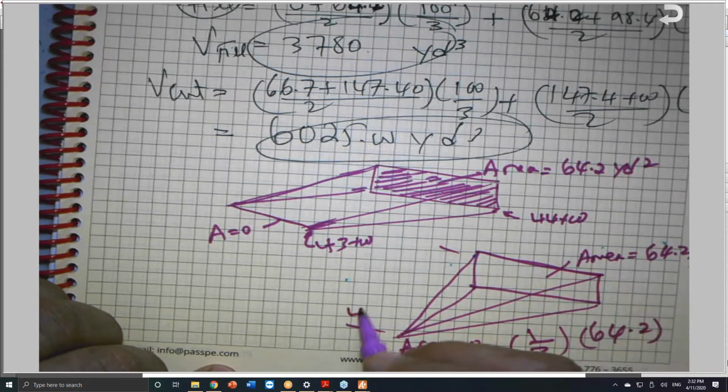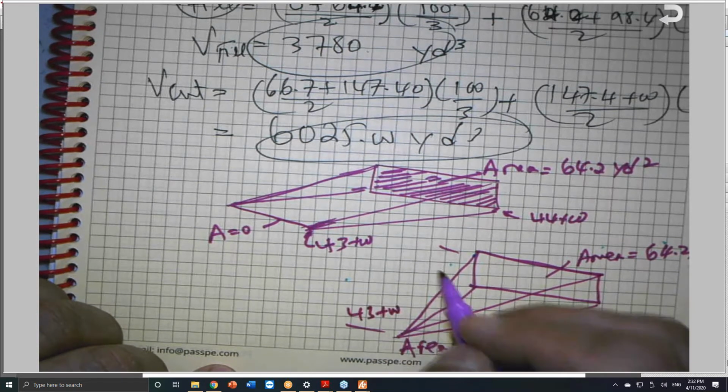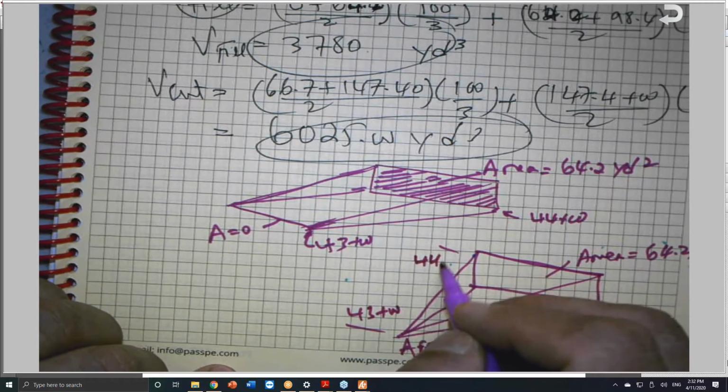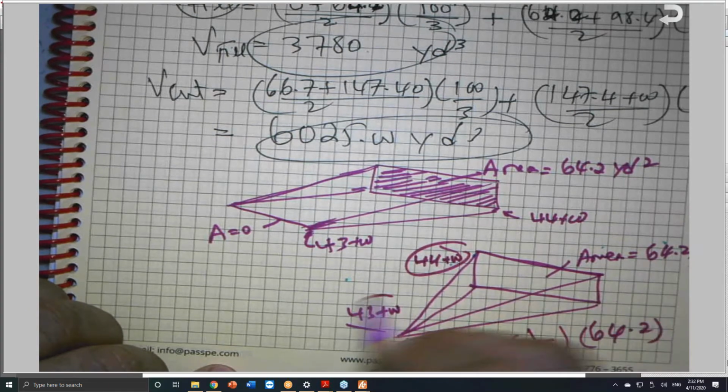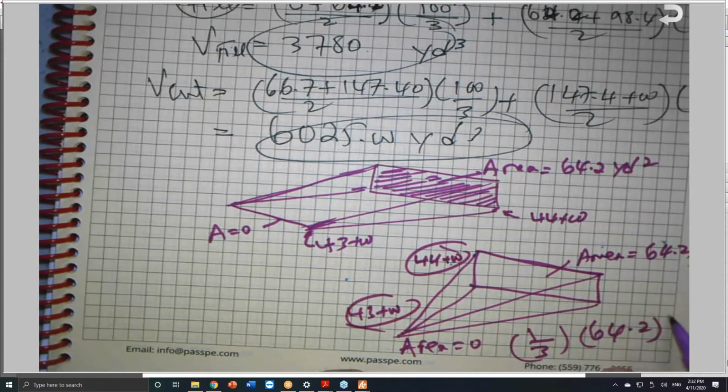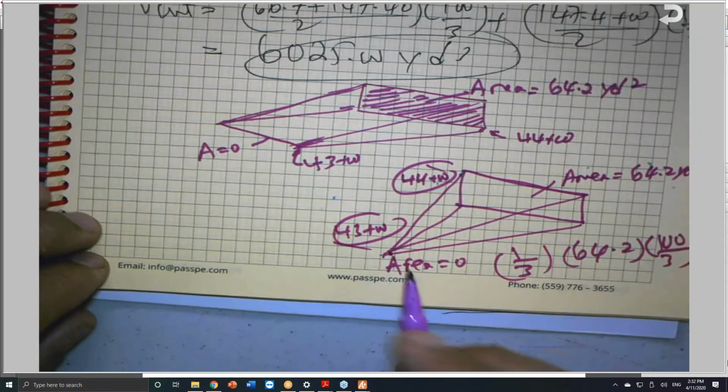This is station 43 plus 00, and this is 44 plus 00. You see the difference between them? In this case, I would say 100 divided by 3. But here we are forming a true prism or a true pyramid.